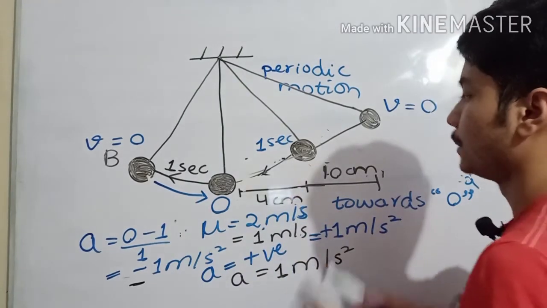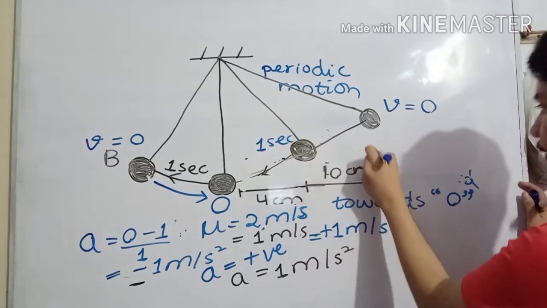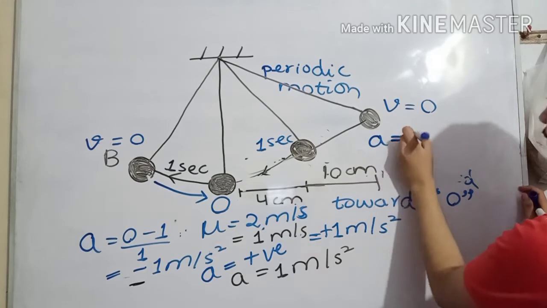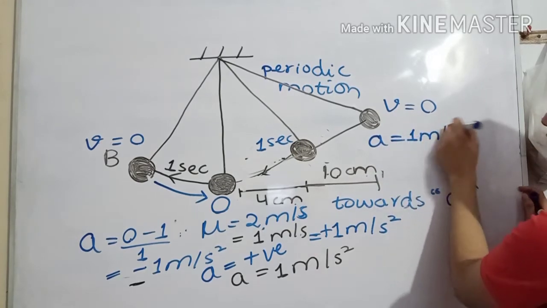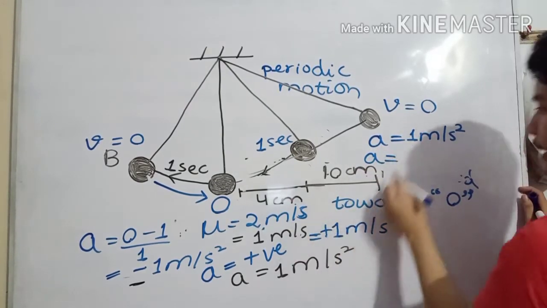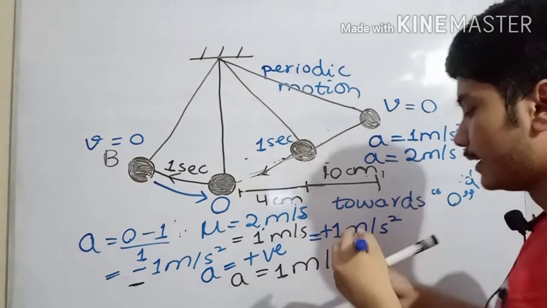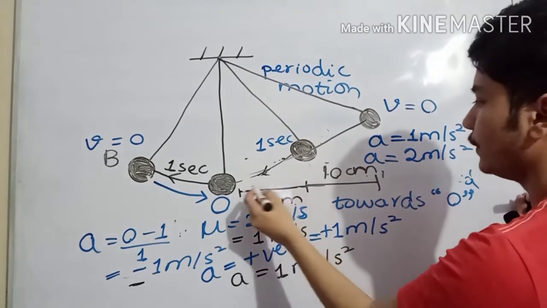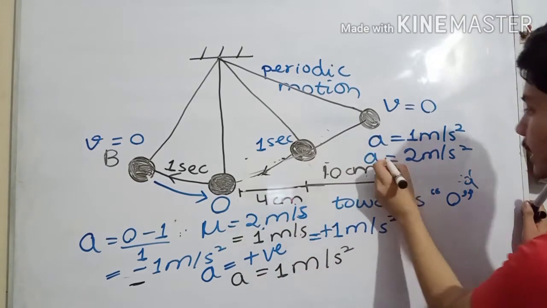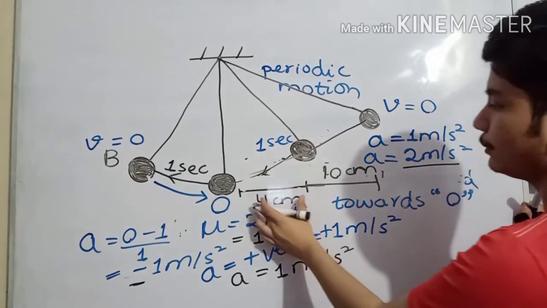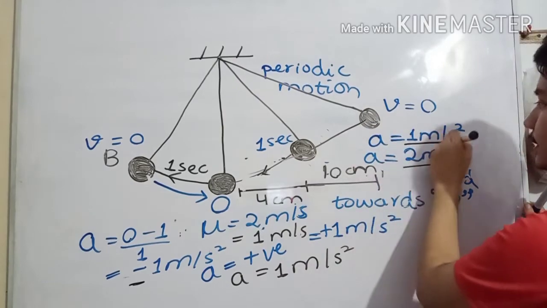What happens? Its acceleration increases. First its acceleration was 1 meters per second square, now its acceleration becomes 2 meters per second square. Basically, when you increase the displacement, its acceleration increases. When you decrease the displacement, its acceleration decreases.